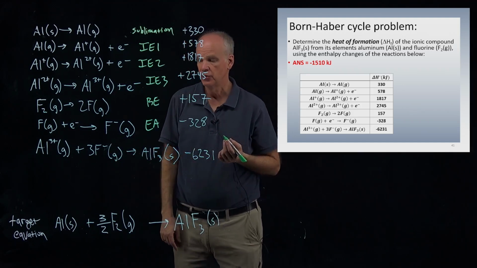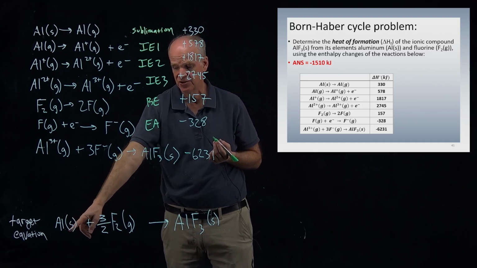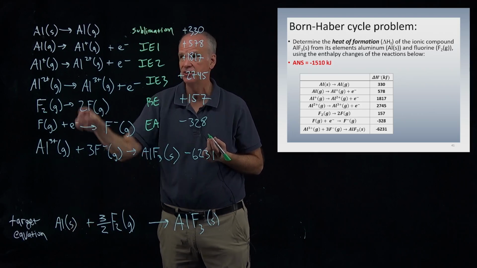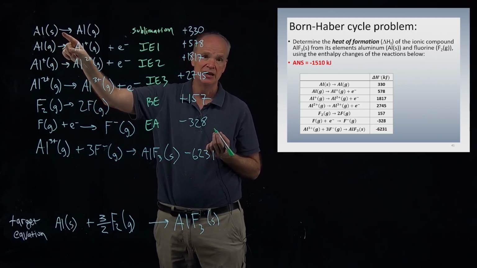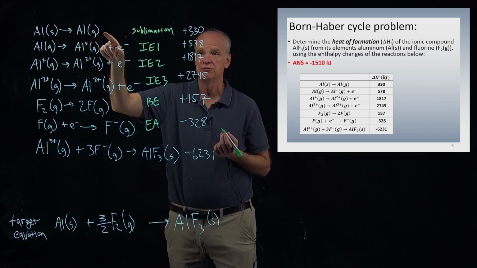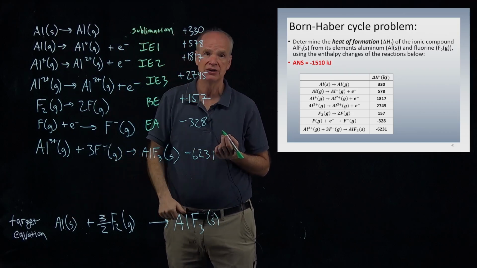Okay. So another thing that I see, which is good news, is that in the target equation, we have aluminum in the solid state as a reactant. And I only see that once in these equations. It's in the first equation. And look, it's aluminum in the solid state as a reactant. So that means with this first equation, we don't want to flip it, nor do we want to add any kind of coefficients to it.